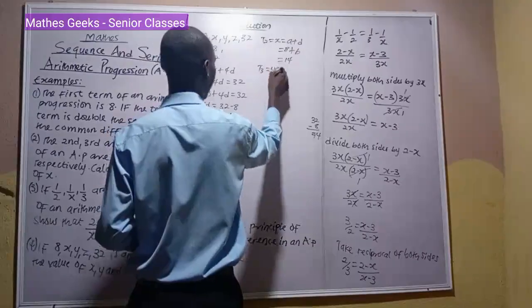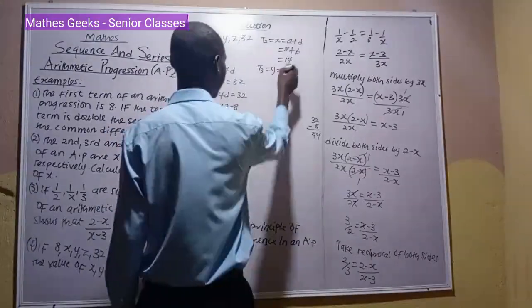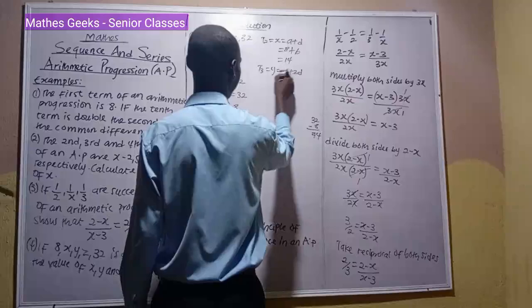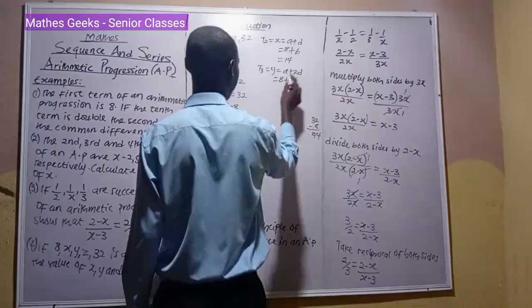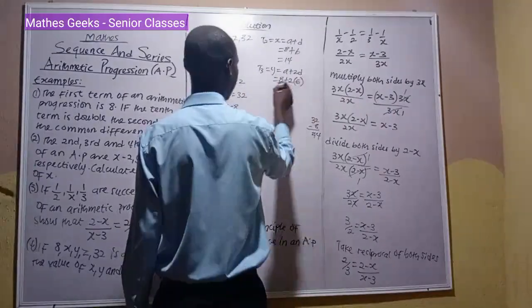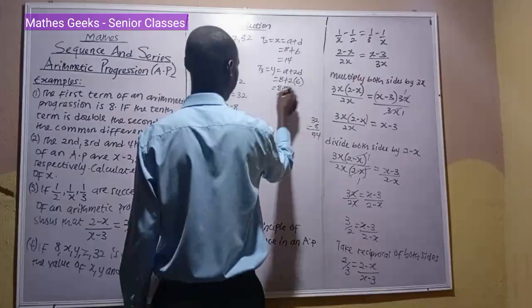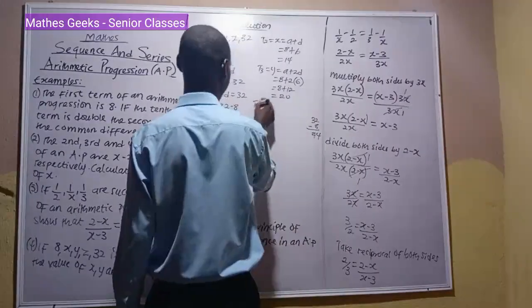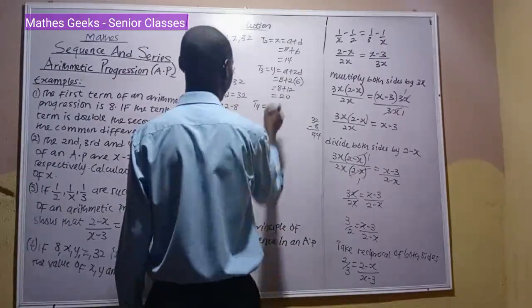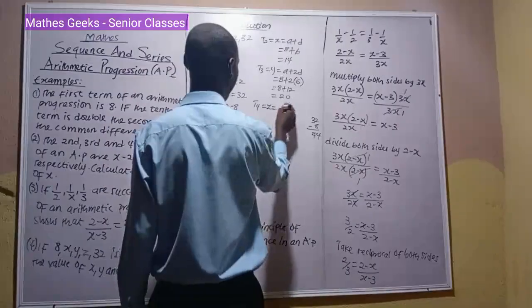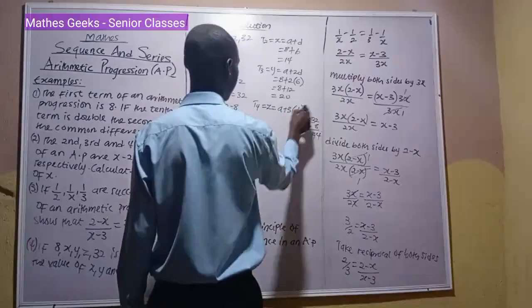T3 is equal to y, that's equal to A plus 2D. 8 plus 2 times 6, that's 8 plus 12, that's 20. T4 is equal to z, that's equal to A plus 3D.